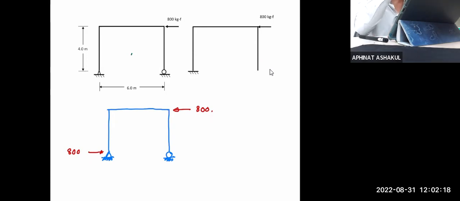Anyway, you see, everyone can say it's 800, but can you see that this 800 is producing a counterclockwise moment equal to 800 multiplied by 4? Don't write anything.